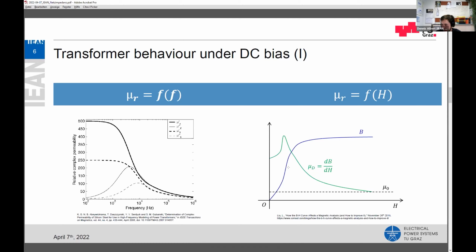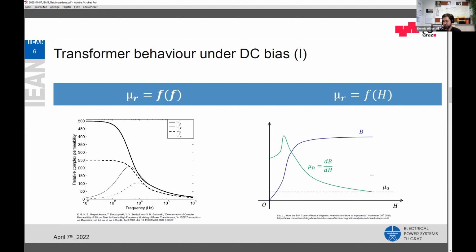And the magnetic permeability is also dependent on the magnetic field H. I think most people will know this B-H characteristic: with increasing field, the magnetic permeability drops to basically the vacuum permeability.